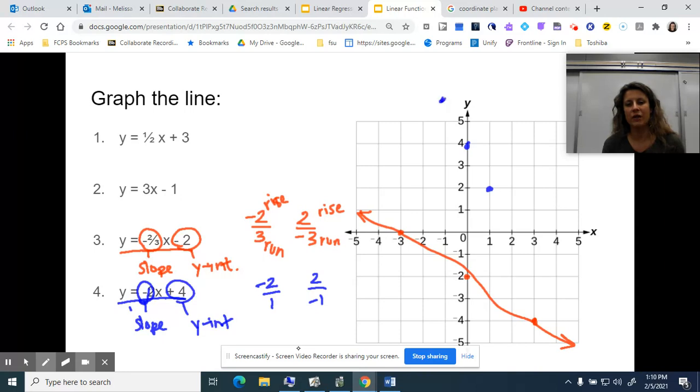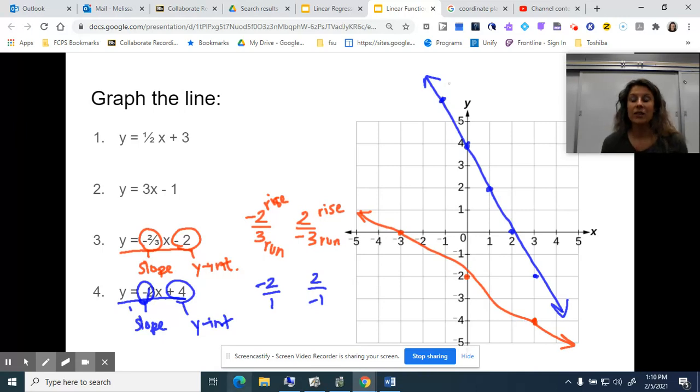Sorry, that one's off the graph, but you can see that they are still falling on the same line. I'm going to go down 2 and over 1 a couple more times to hopefully make it easier to draw my line. Oh, that one wasn't bad. Okay, so there's number 4.